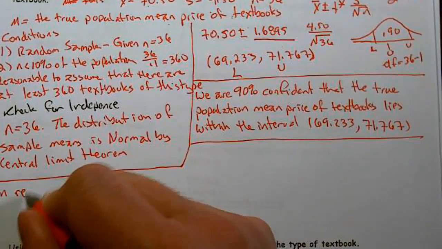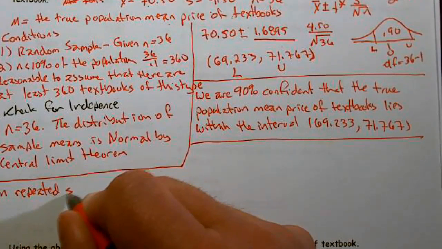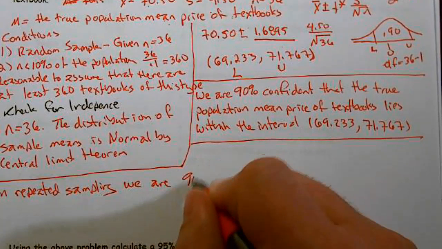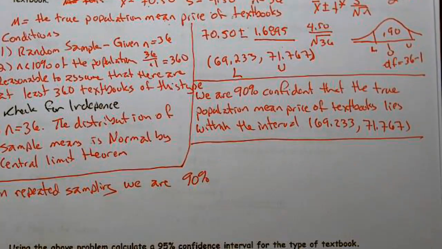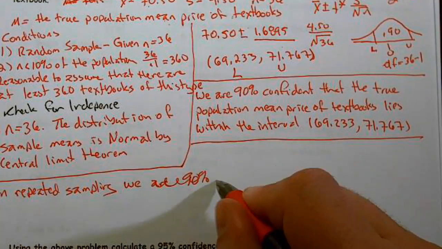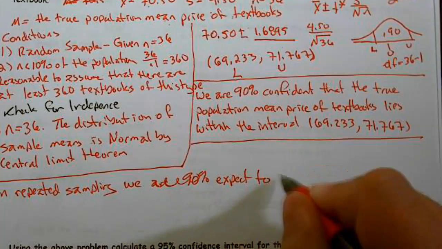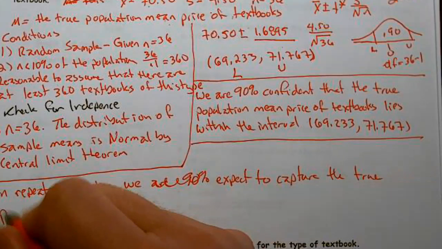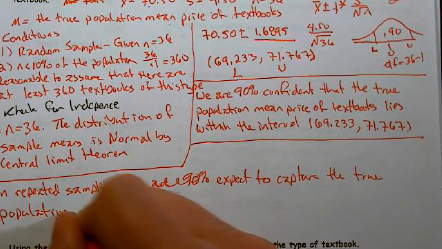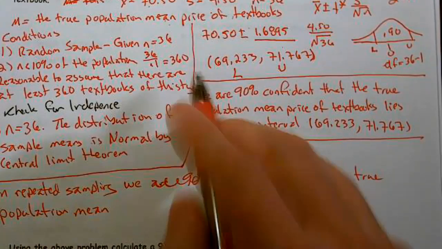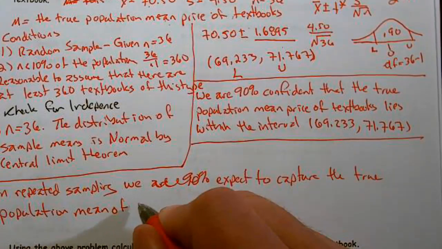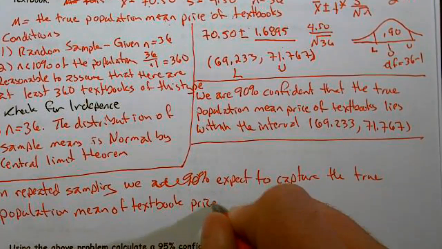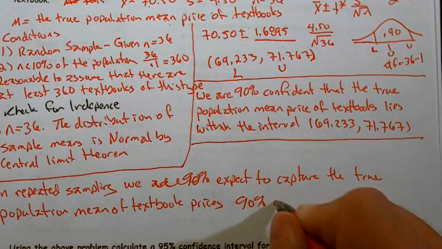In repeated sampling, we expect to capture the true population mean of textbook prices 90% of the time.